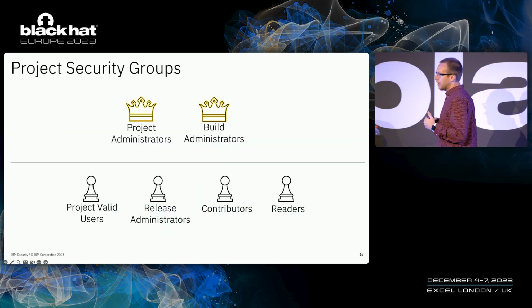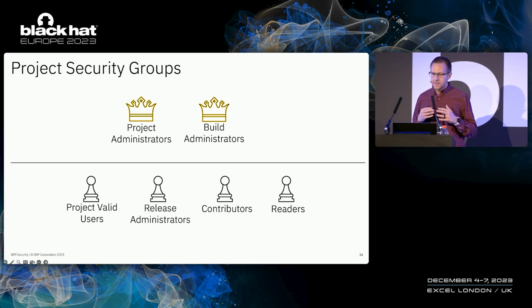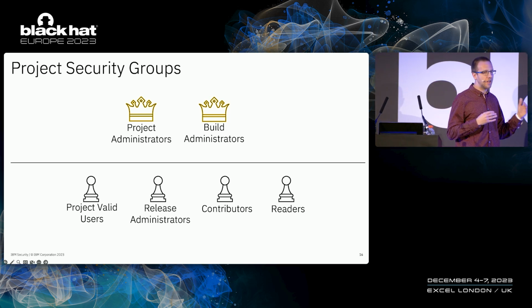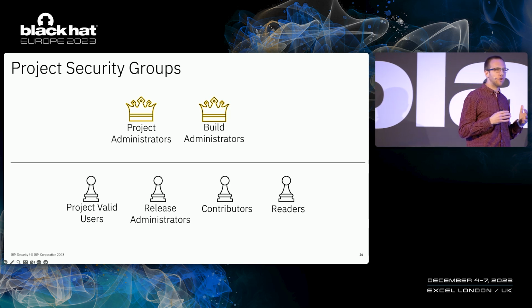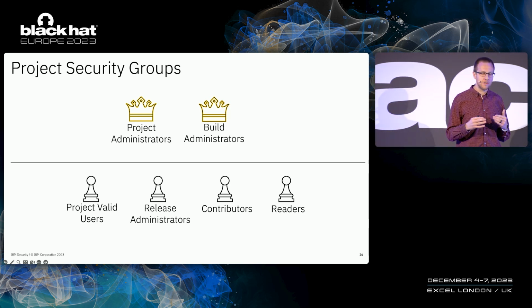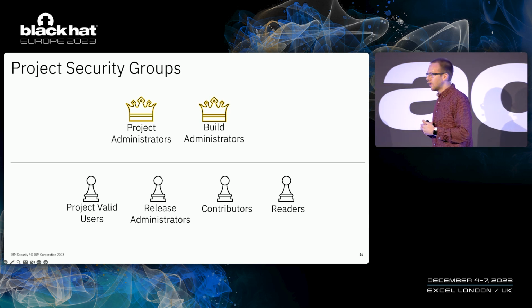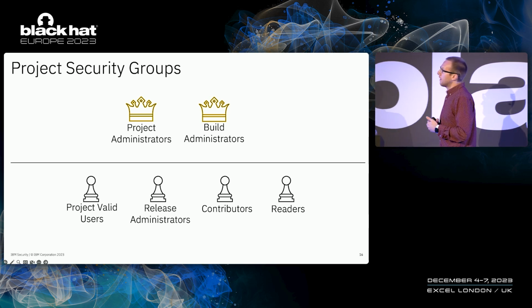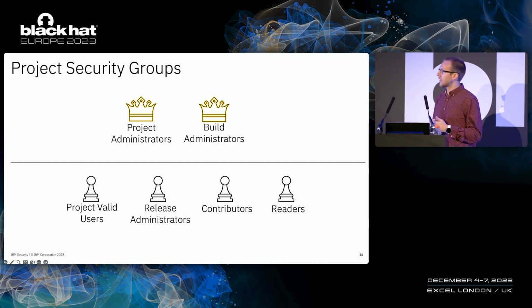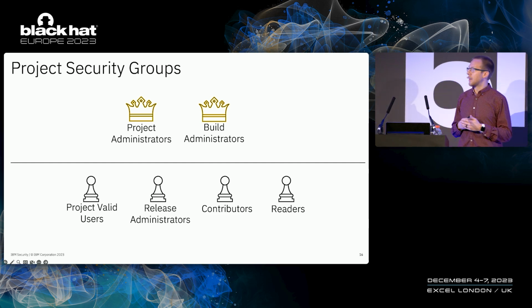In terms of security groups, they're either at the project or at the collection level. These security groups basically give you different permissions to interact with different components within Azure DevOps Services. At the project level, the two privileged groups are project administrators and build administrators.